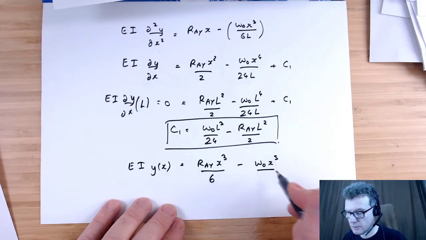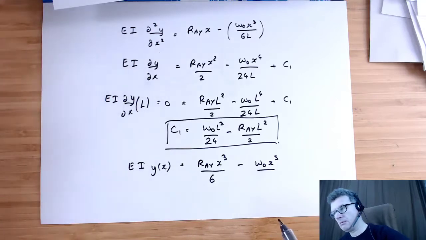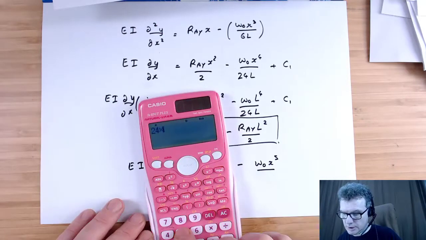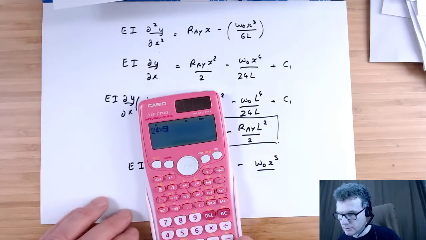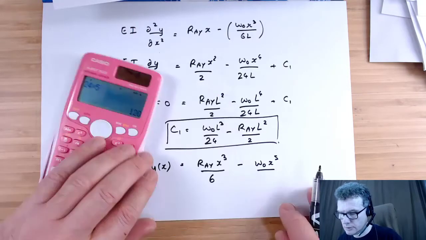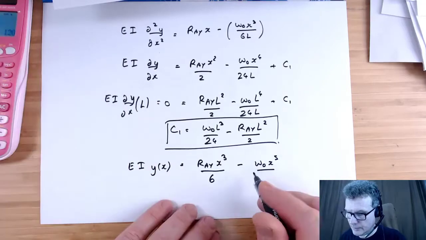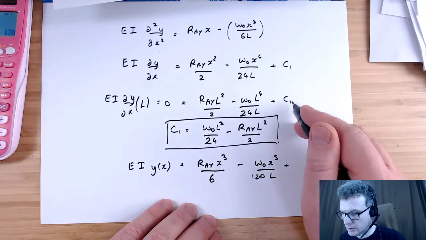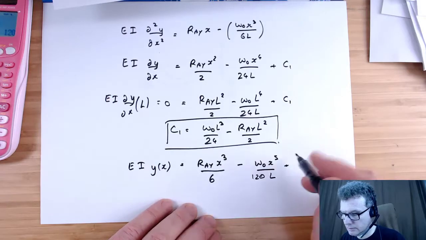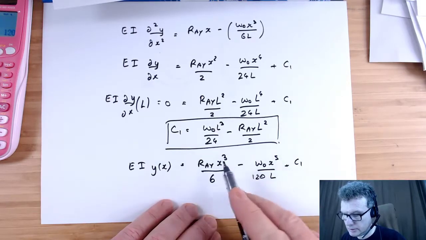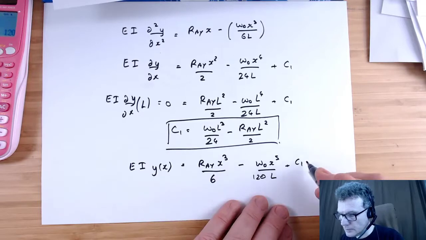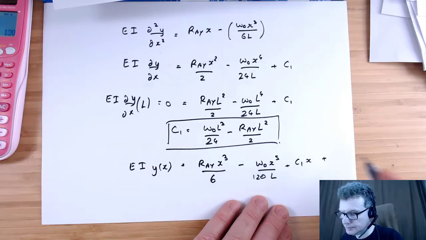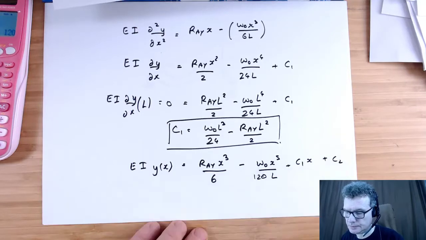I think I could do that in my head, but my head needs sleep. 24 times 5 is 120. I'll keep calling C1 just C1 for the moment, times x, plus C2.